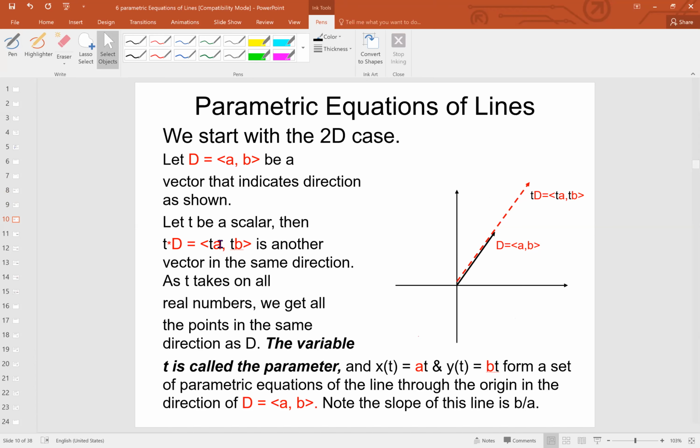If I separate the x component and y component out, I will call this set, x(t), y(t), a set of parametric equations describing this line. Now, suppose I have a point P somewhere else, and I want the line in the same direction but passing through that point P. It is very easy to obtain an equation for that.